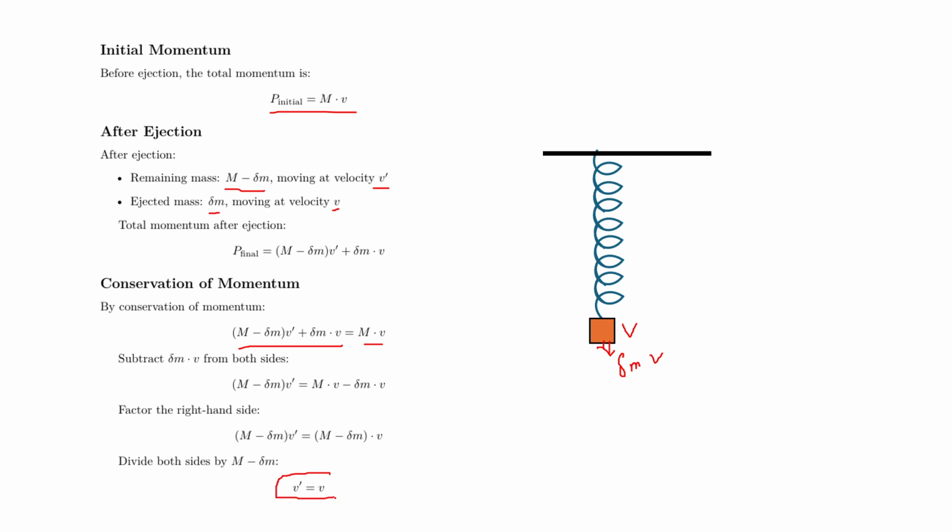So what it is saying, and it is very intuitive, is that when this mass is ejected with the same velocity v in the same direction of motion, the remaining mass will also have the same velocity v. So there is no change in momentum of this del m, nor of the remaining mass.